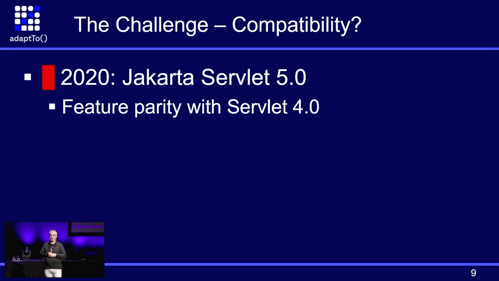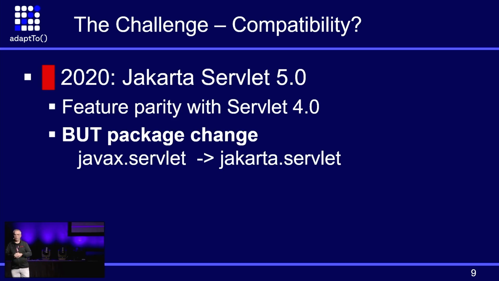So whatever you're doing in the future with our specifications, you can't use it. And that basically means that at the end, before new specifications could be put out from Jakarta, all the packages had to be renamed from JavaX to Jakarta, which is a complete incompatible change, right?